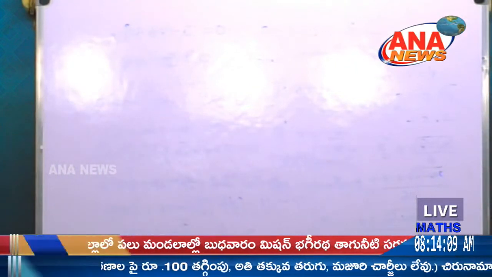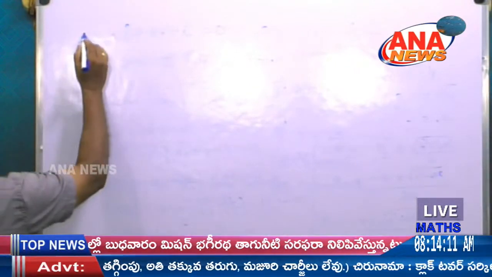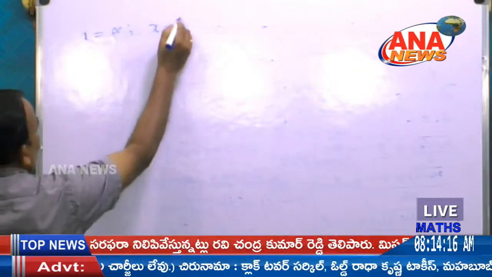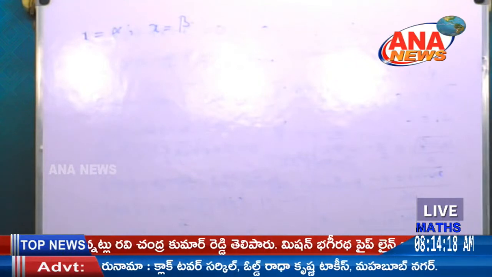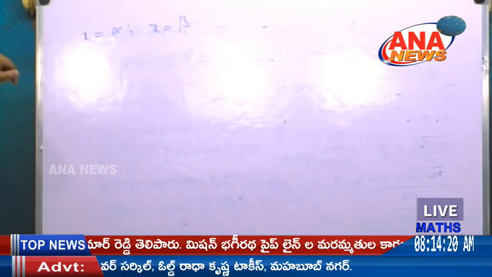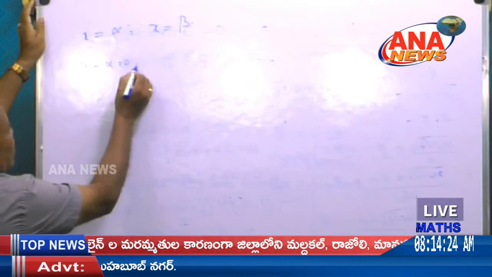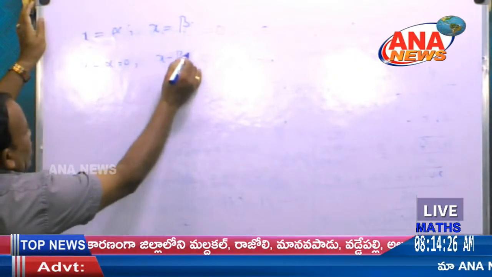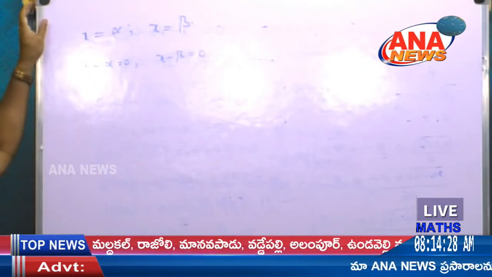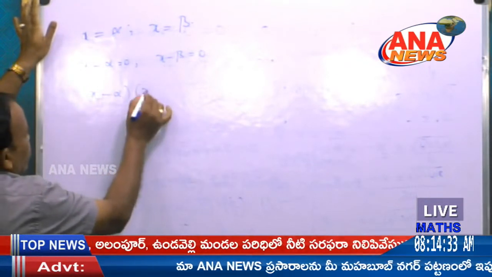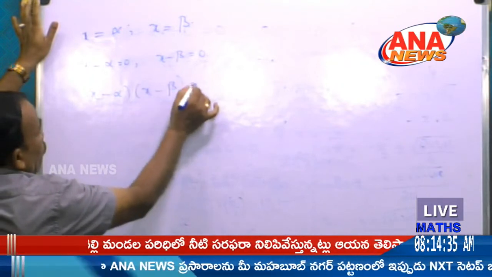Okay, now x is equal to alpha is one root and another one x is equal to beta. Two roots. So already you know, x minus alpha is equal to 0, x minus beta is equal to 0. Now the quadratic equation is x minus alpha into x minus beta is equal to 0.